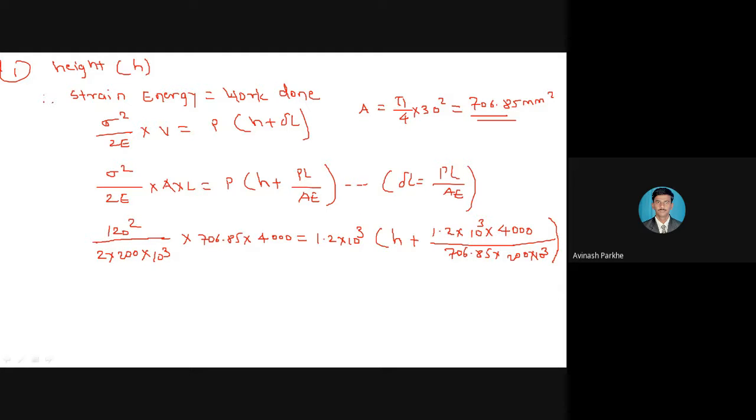So now do the calculation, simplify these particular terms. Try to take the unknown parameters to one side only.